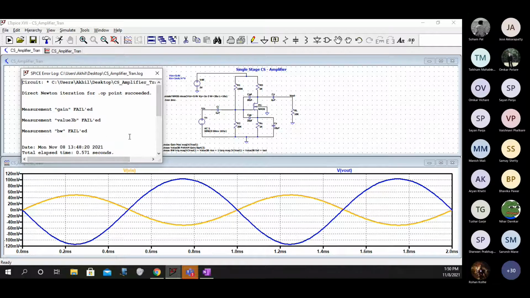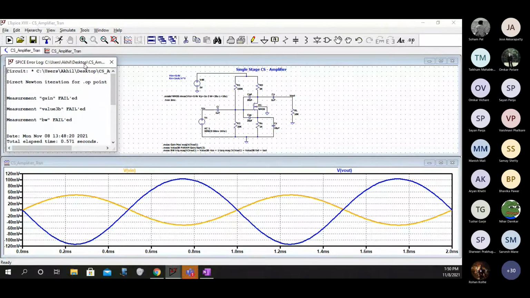I wanted you to see this, otherwise you will put all your efforts on a .tran file and you will not get anything. You will not be able to calculate gain when you are using .tran. You will be able to use the .measure command only when you are using .ac analysis.